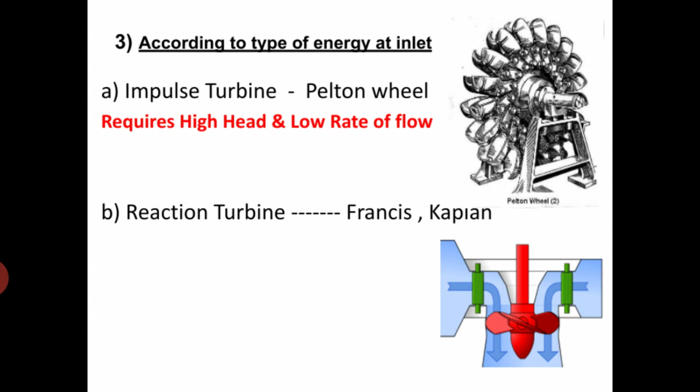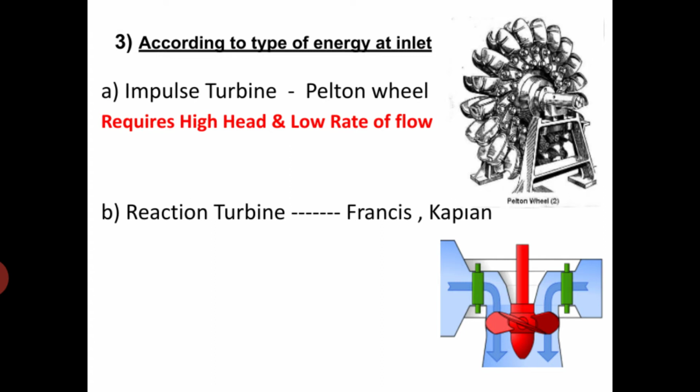On the other hand, if the energy available at the inlet of the turbine is both kinetic energy as well as pressure energy, the turbine is known as a reaction turbine. And in a reaction turbine, the change from pressure to kinetic energy takes place gradually as the fluid moves through the runner.